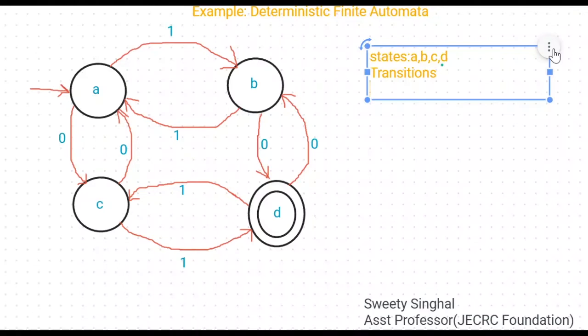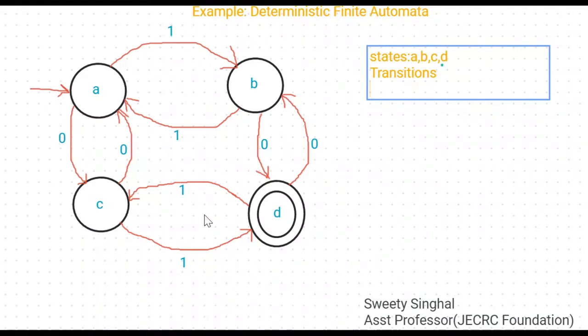These are our inputs. If I'm talking about input, then in this diagram, for this example, our inputs will be 0 and 1. So these are all about edges, circles and these labelings.